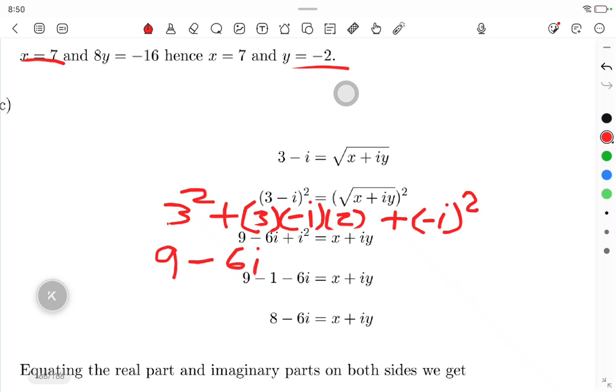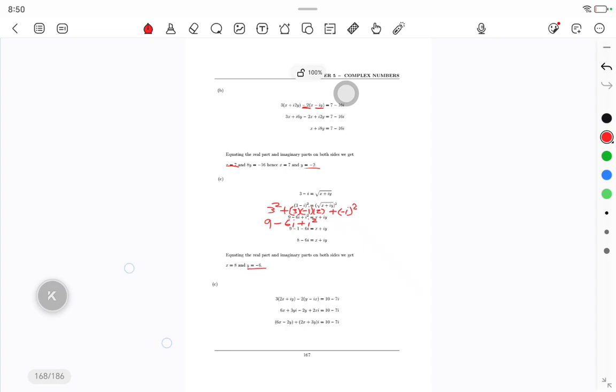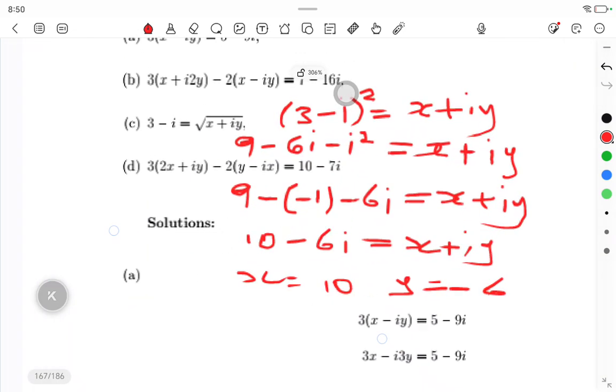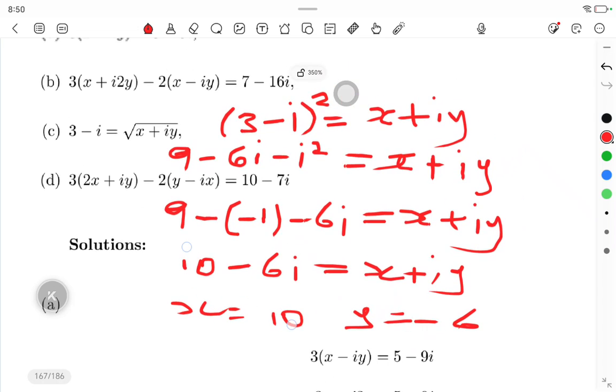Like that. Now if we look at d, it's going to be also simpler in a way that we're going to express the left hand side in the form of a plus bi, and then we make sure that we equate it to the right hand side. Already the right hand side is fine.